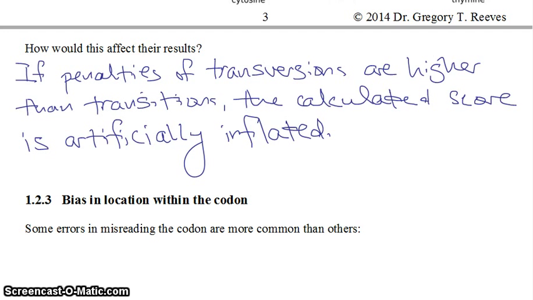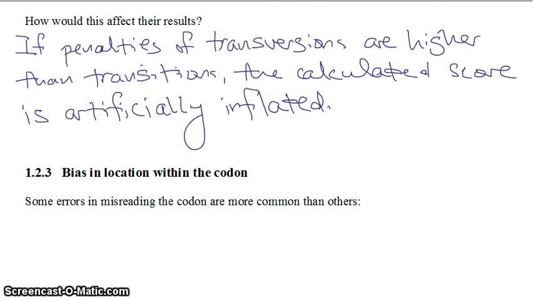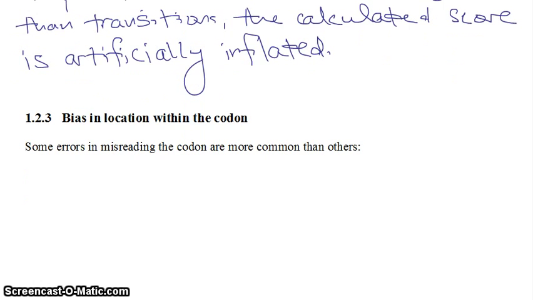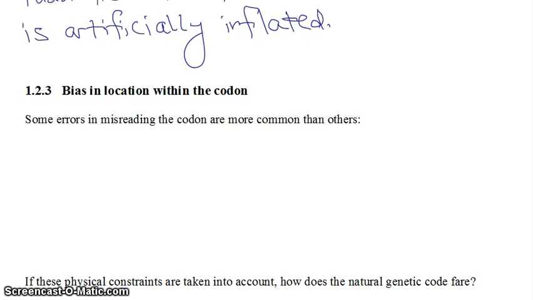But the second kind of bias that they wanted to investigate was the bias in the location within the codon. So if you imagine a mutation happening to the DNA itself, there would be no bias in where the mutation might happen within a codon.